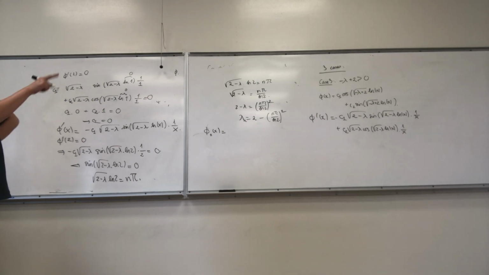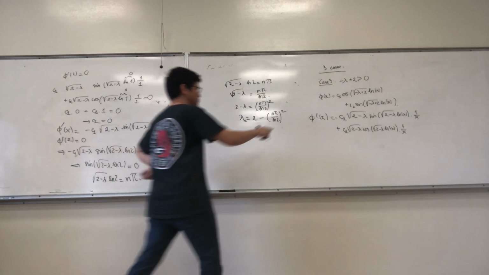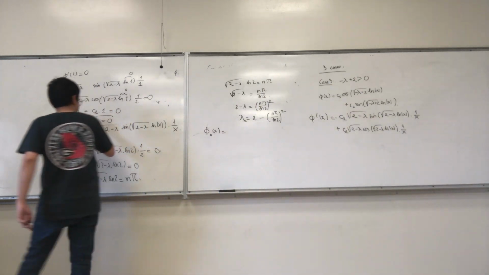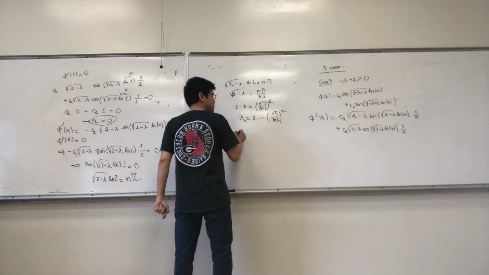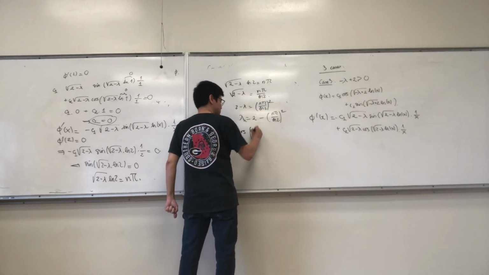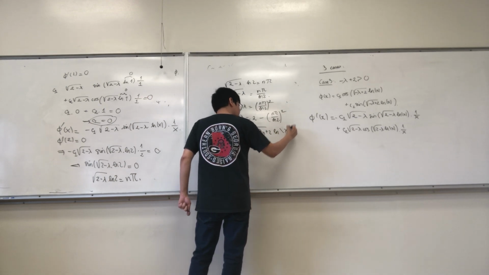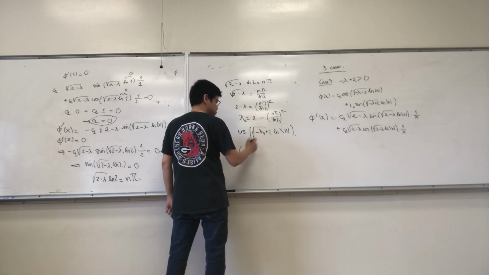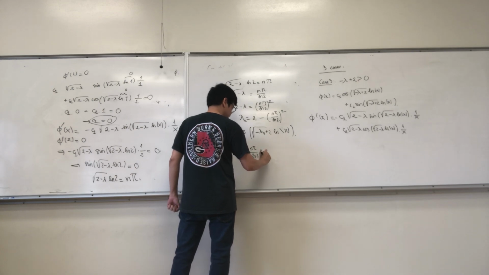So this gives you cosine of square root of 2 minus lambda times log of x, and this gives me cosine of n pi over log 2 times log x.